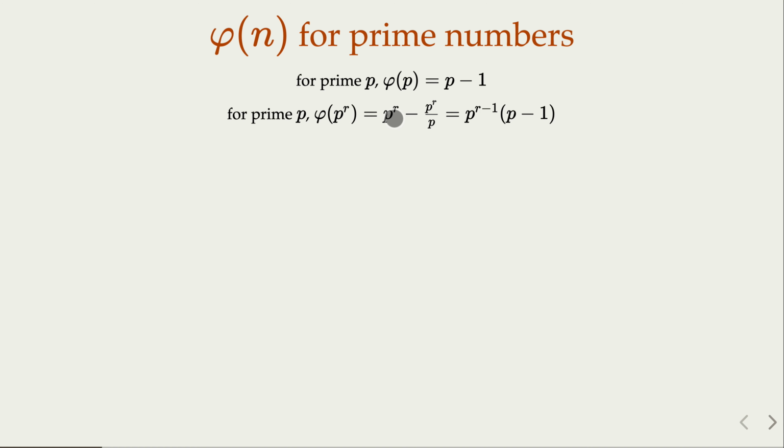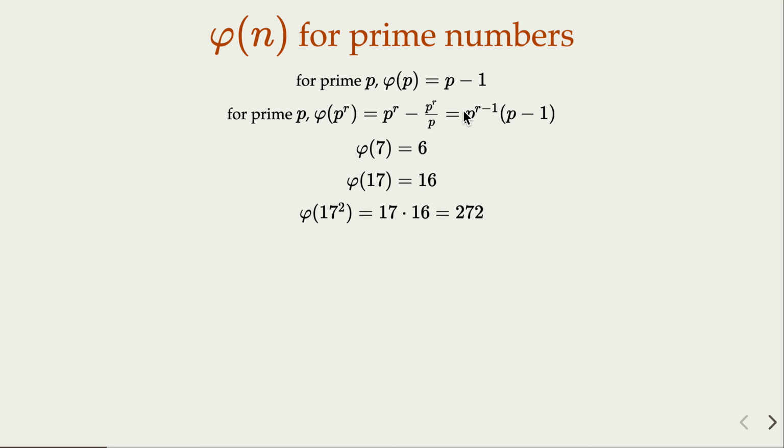Then we exclude all the multiples of p, so the total is p raised to r minus p raised to r minus 1, that is, p raised to r divided by p removed. This is the formula for the power of primes. Now for some real examples: phi of 7 would be 6, and for 17, a prime number, that would be 16.